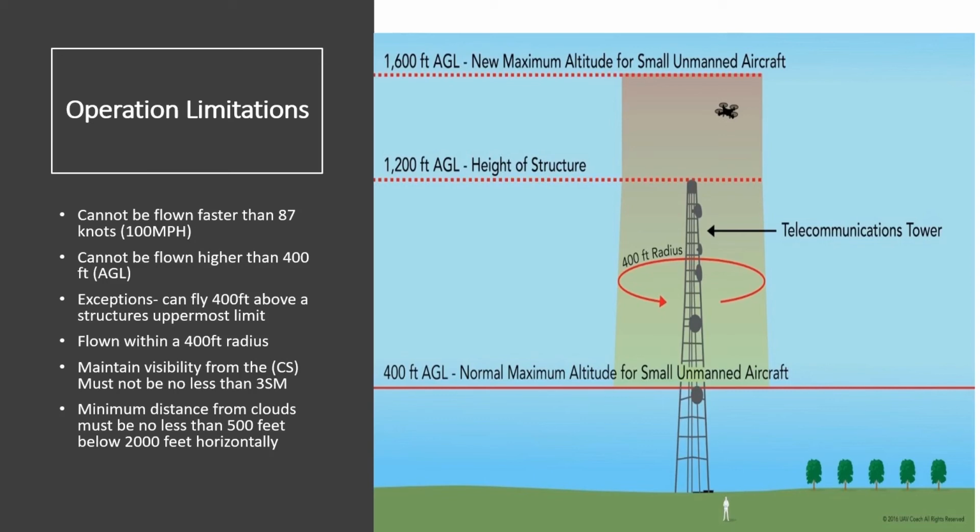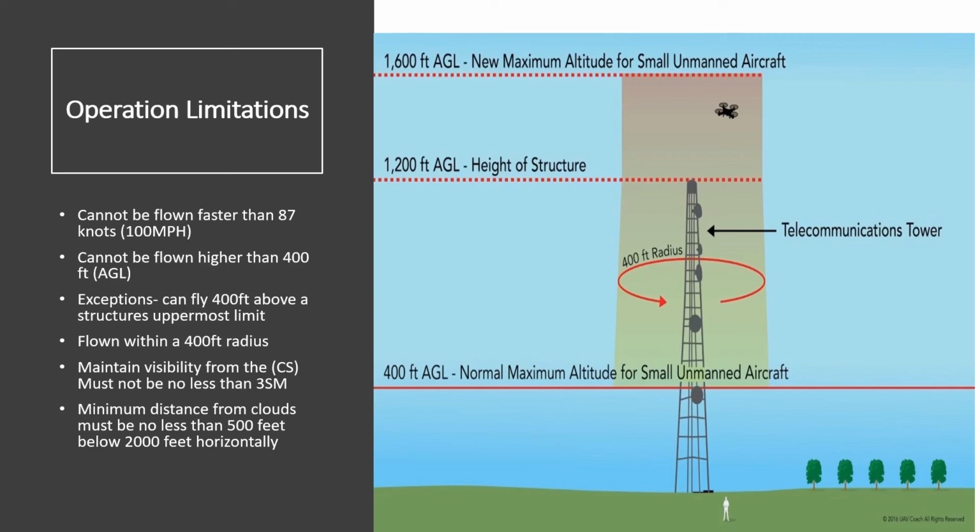So in our graph here, if that tower was 1,200 feet above ground level, you would be able to fly at a maximum altitude of 1,600 AGL. Within a radius around that tower, any obstruction, 400 feet above is where you need to stay.